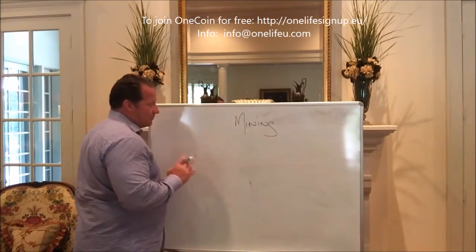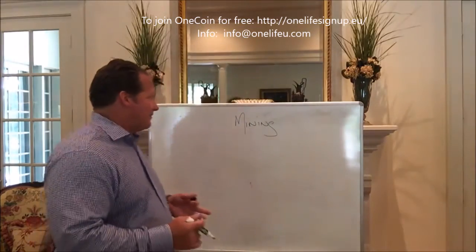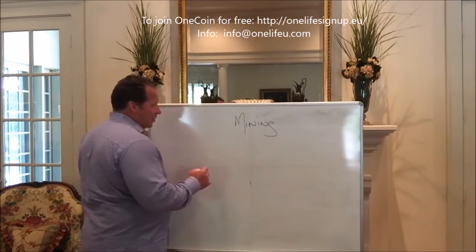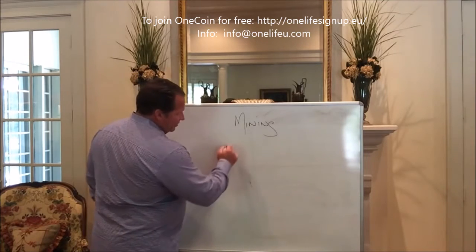So mining is the process of bringing currency into circulation, just like a gold miner brings gold into circulation to become gold bars, jewelry, coins, or what have you. I can't complicate it much more than that, except for the reason you want to mine early on when you get into a digital currency.